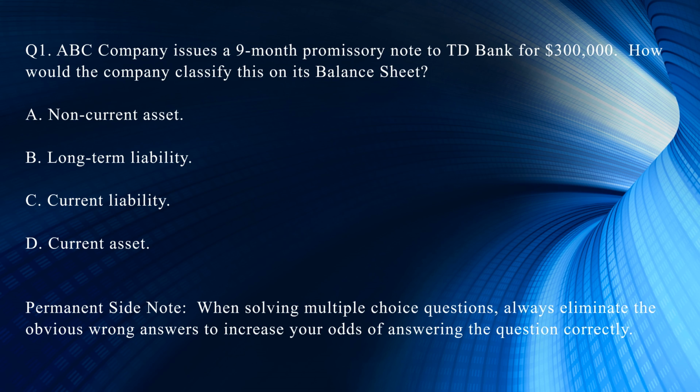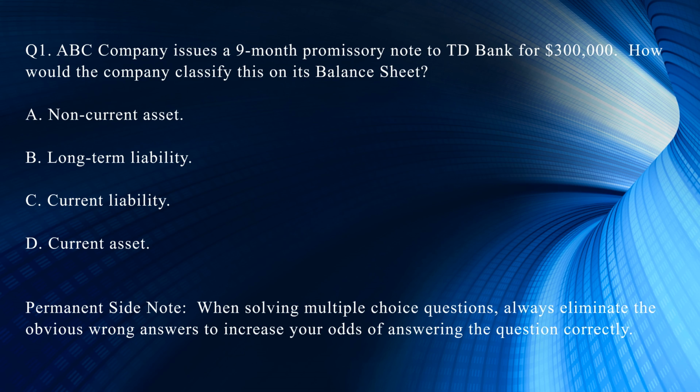Now, remember that side note that we always have when we're tackling multiple choice questions. When solving multiple choice questions, always eliminate the obvious wrong answers to increase your odds of answering the question correctly. So which of these choices can we obviously eliminate?